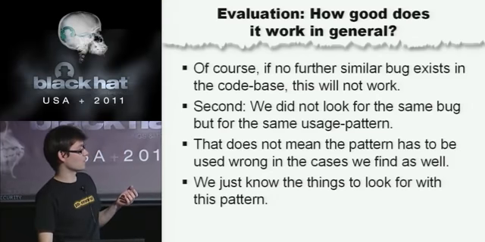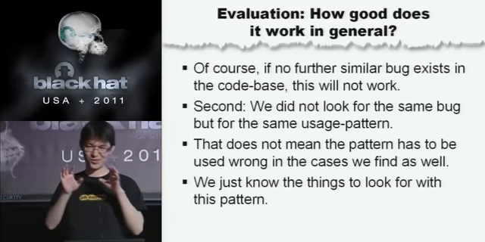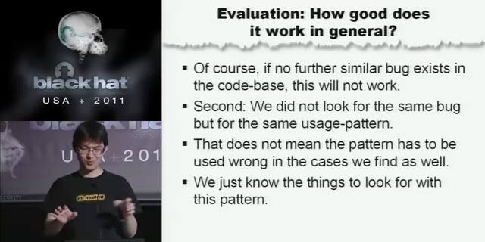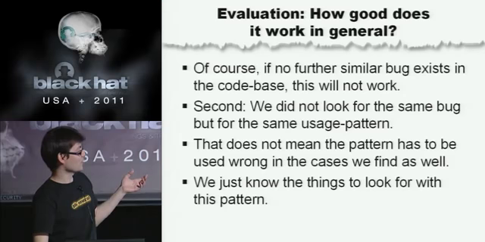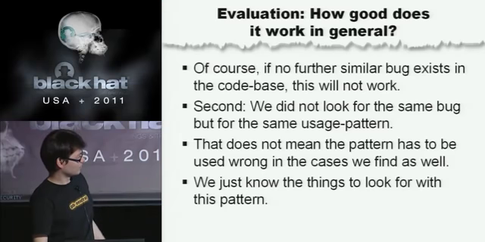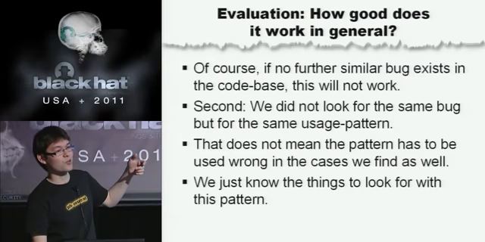So it also doesn't make sense to ask whether we can construct code with similar semantics where this doesn't work, because obviously it will not work. And third, even if they use the same pattern, it doesn't have to be used wrong. So you can't just do something like bug counting.